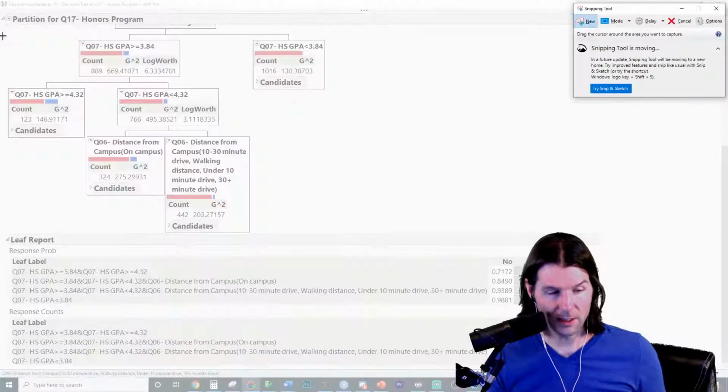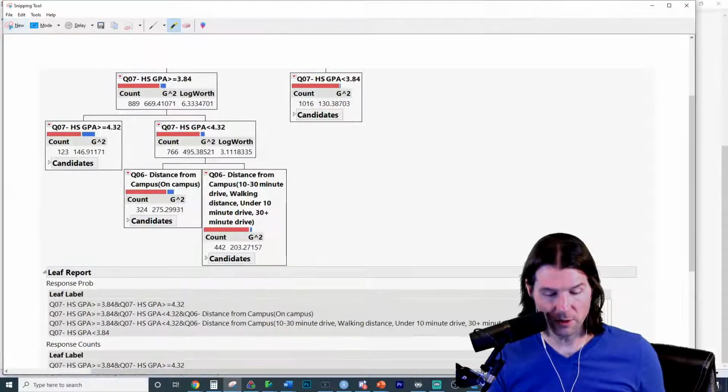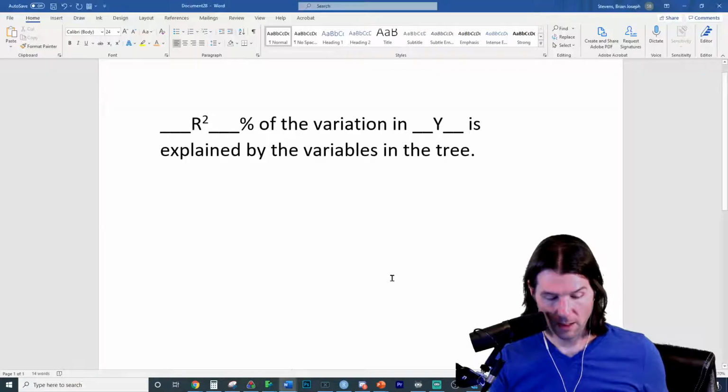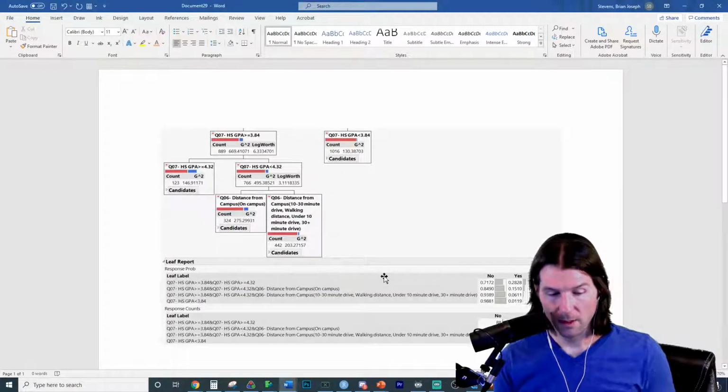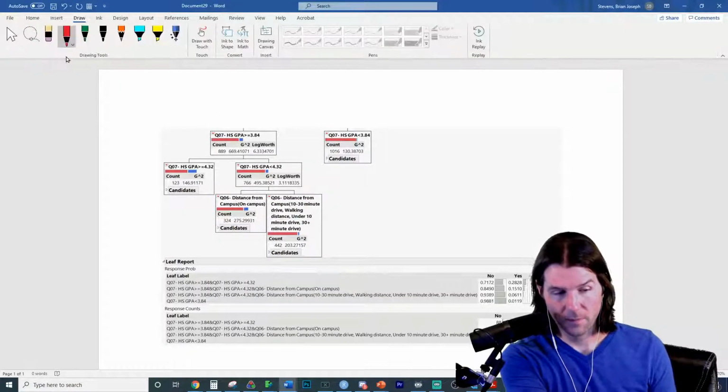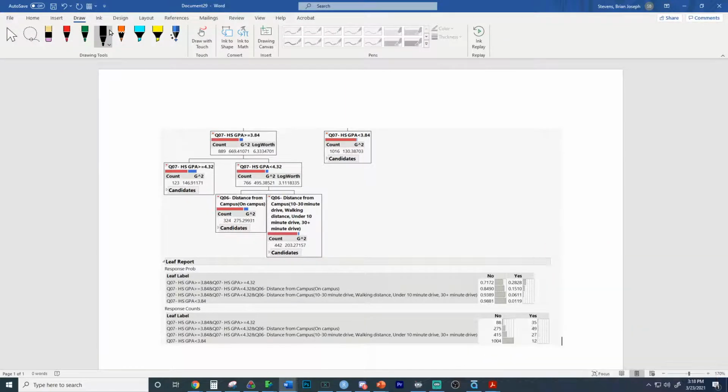When you are looking at this leaf report, I always want you to think about it this way. In your leaf report, you will have leaf 1, leaf 2, leaf 3, and leaf 4. And these leaves go down the following: 1, 2, 3, 4, 1, 2, 3, 4.